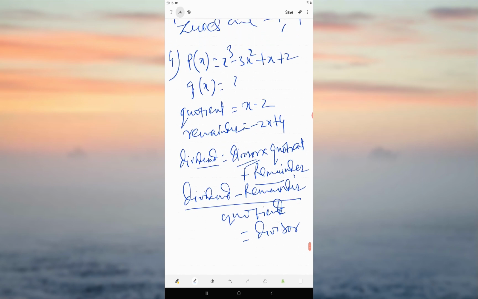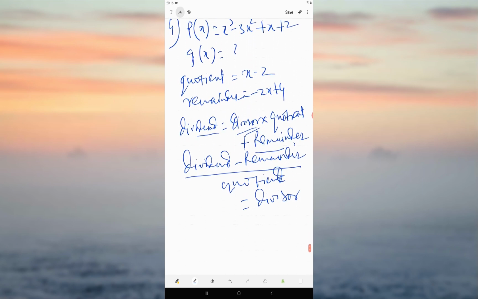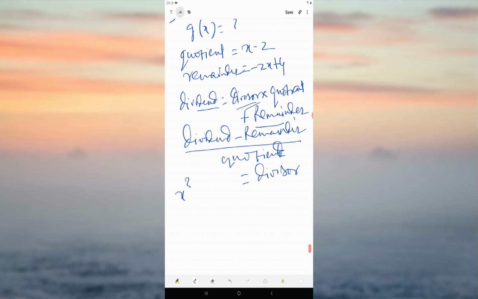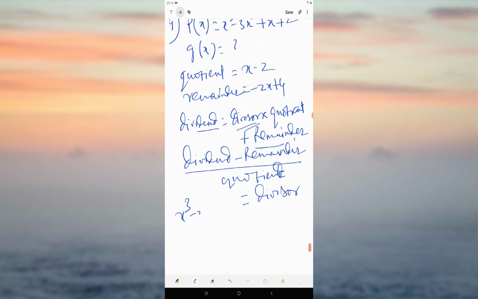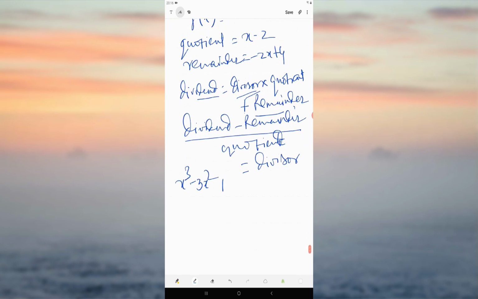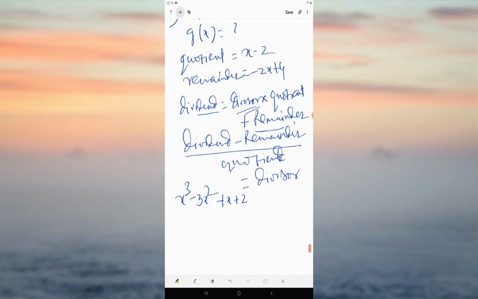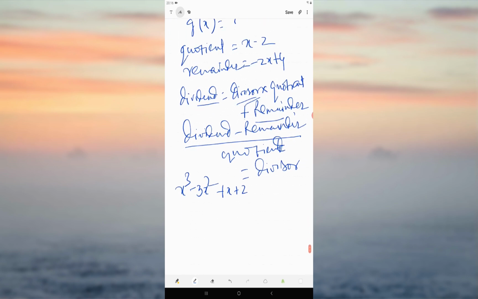Now what is the dividend for us? The dividend for us is x cube minus 3x square plus x plus 2. And what is the remainder for us? We are subtracting, so minus of minus 2x plus 4, divided by the quotient x minus 2. That will give us the divisor.